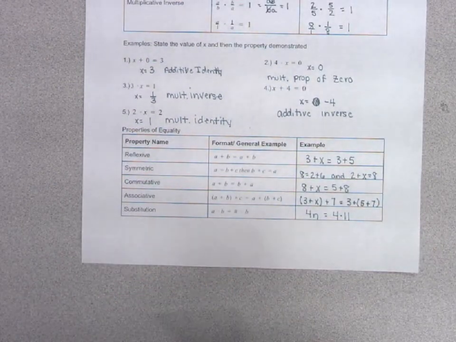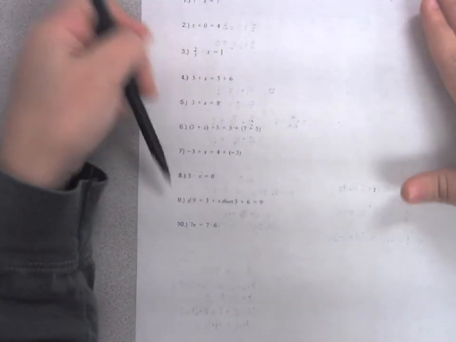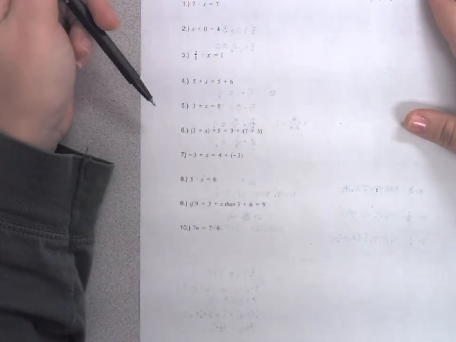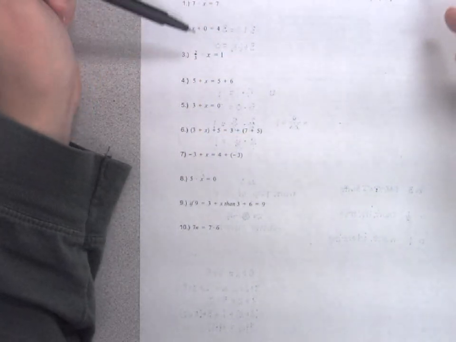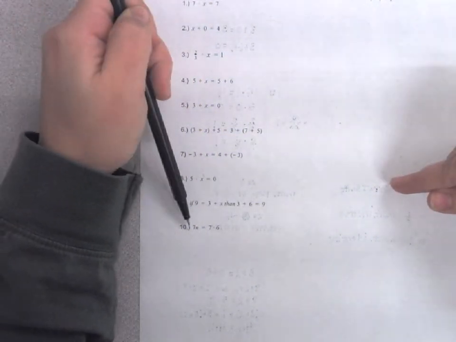Which brings us to the back of this page, everybody. There's 10 of the properties. So you just go through and go, okay, multiplication. Again, it says state the value of the variable. So x, I think, oh no, that's an n. That's why it says variable. And state the property used.